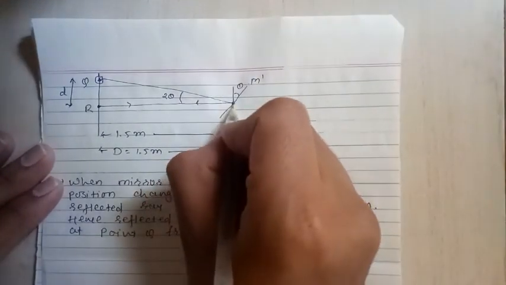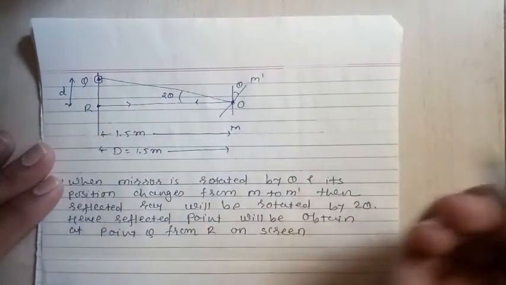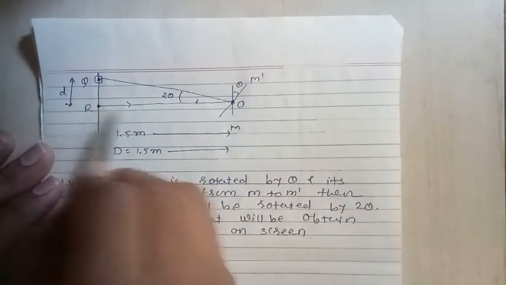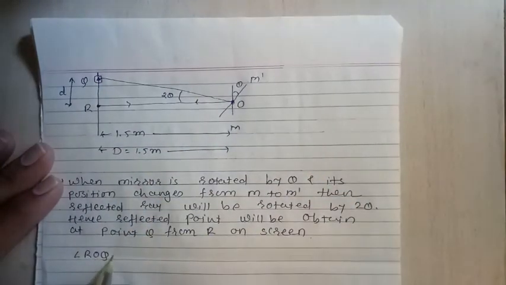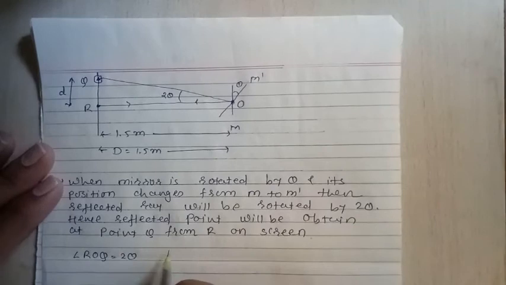Suppose I denote this point by O, so we can say that angle ROQ is 2 theta.